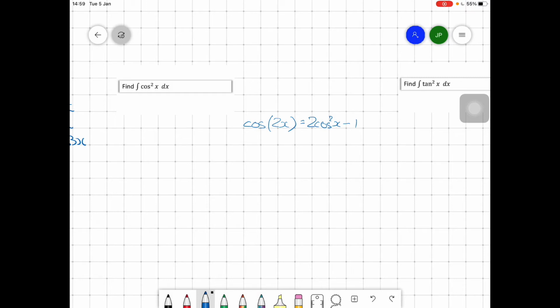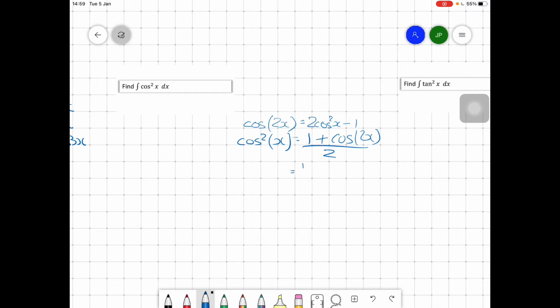So when I rearrange it, cos squared x is going to be 1 plus cos 2x all over 2.